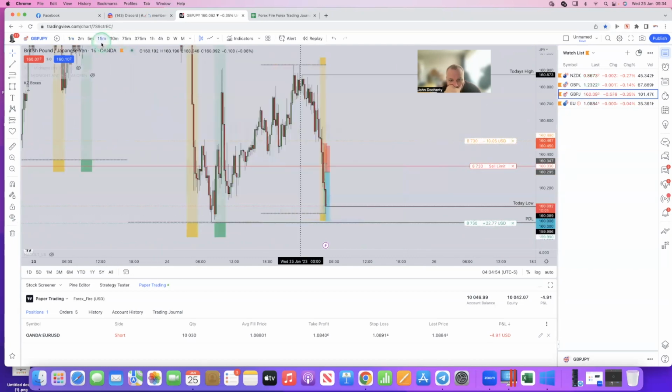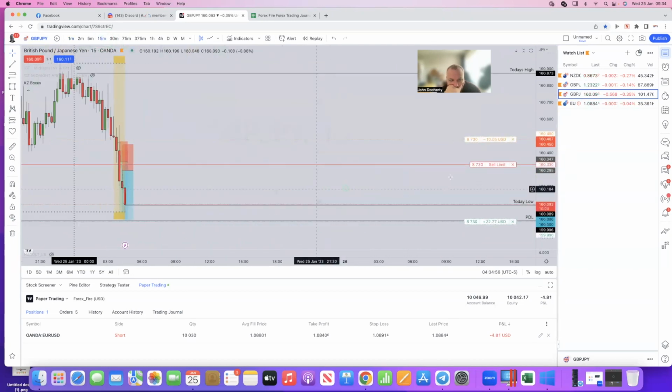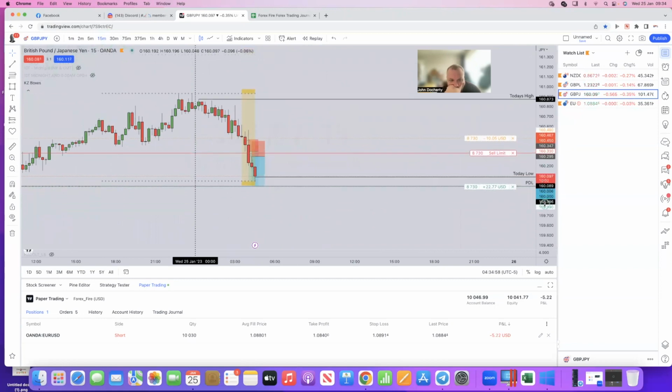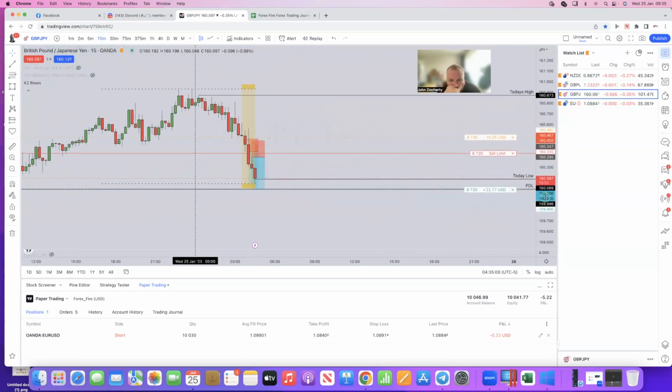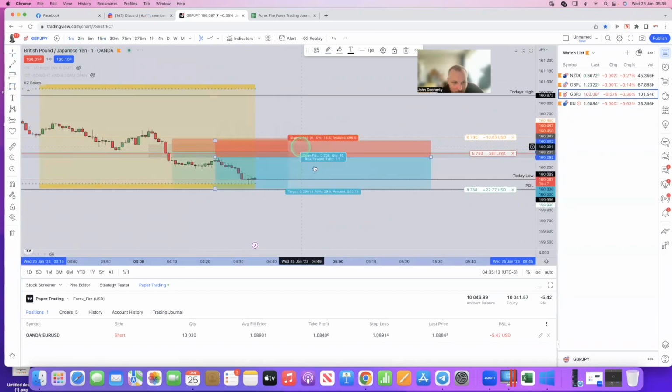Go up on the 15 minutes. Again, with regards to imbalance areas, on the 15 minute you've got one there. Go back down on the 1 minute.